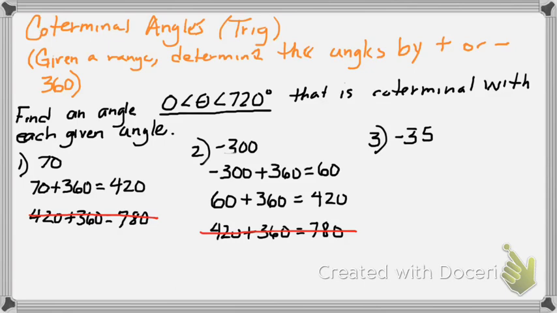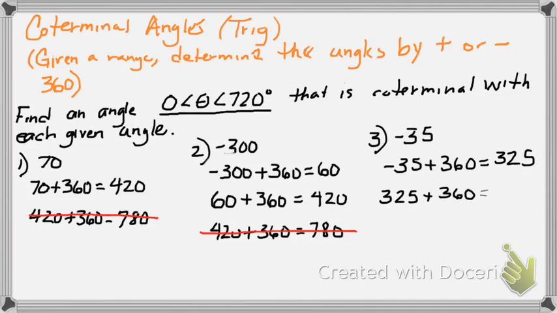is negative 35. So again, negative 35 degrees plus 360 is equal to 325. And 325 is between 0 and 720. So then we'll try to see if I can get another angle there. So 325 plus 360 is equal to 685.